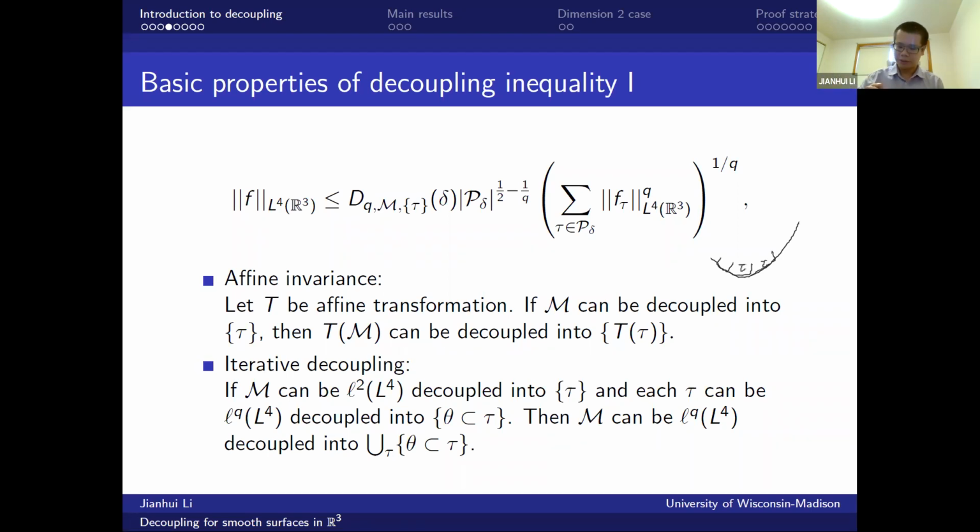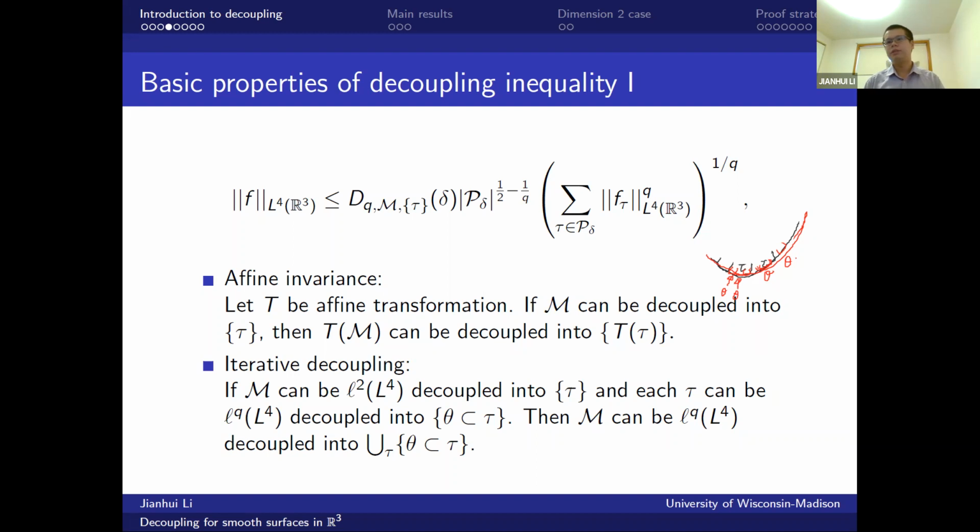If you want to decouple it into even smaller pieces, these are all thetas. Okay, there is also a theta here. If each tau can be uniformly decoupled, with the same constant for each tau, into all these small thetas, then it implies that the original manifold M can be decoupled into these small caps theta, the union of all of these.